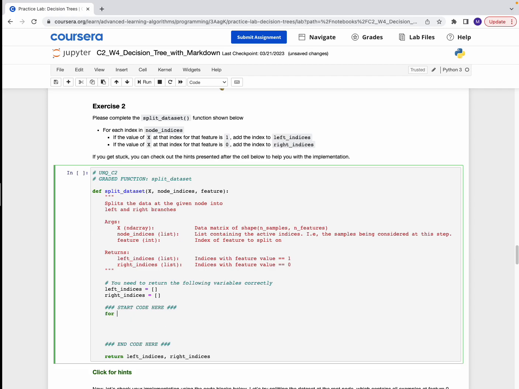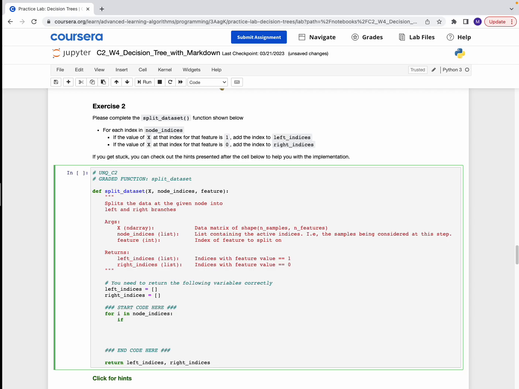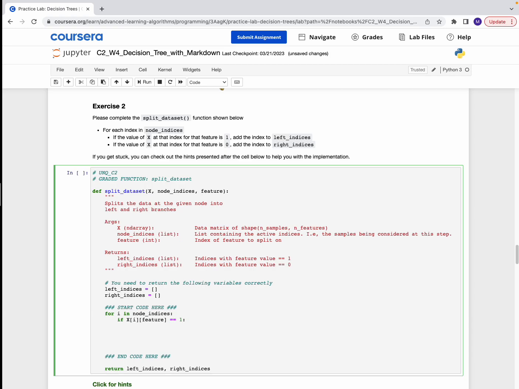So for each index in node indices, if the value of X at that index for that feature, so that's X[i][feature], is equal to 1, we add the index to the left indices. So left indices dot append the index, and else we append it to the right indices.